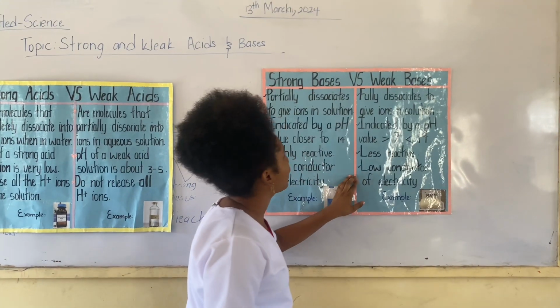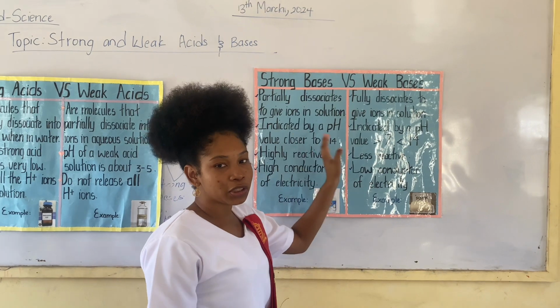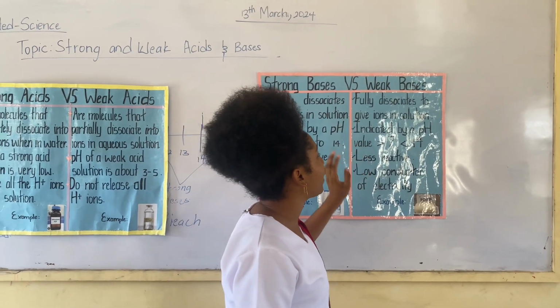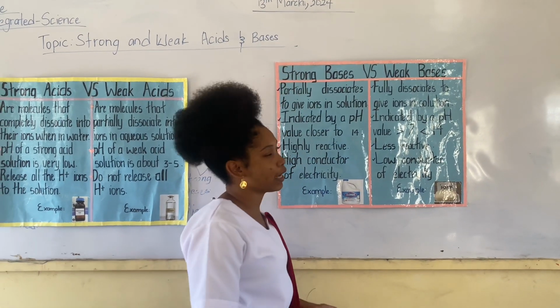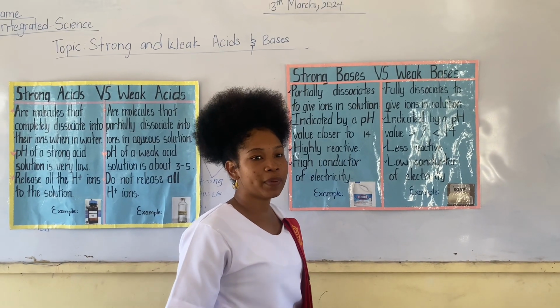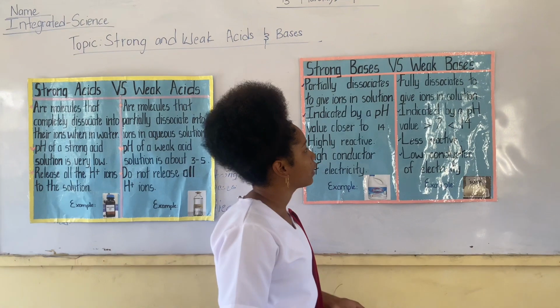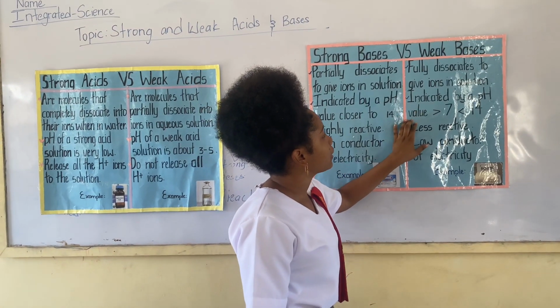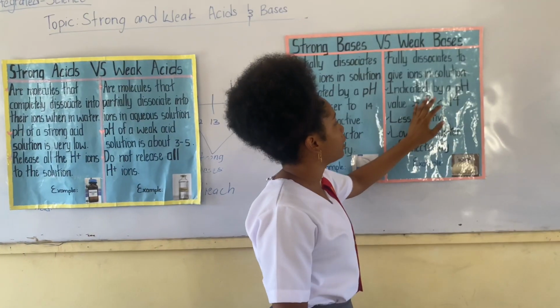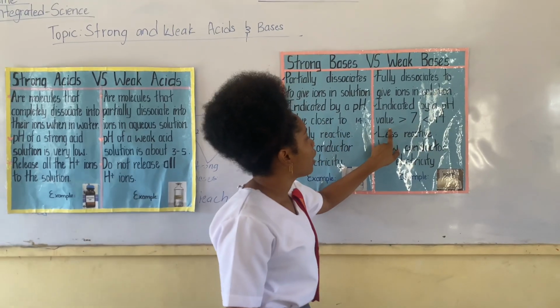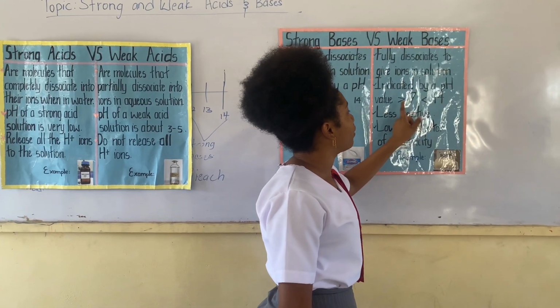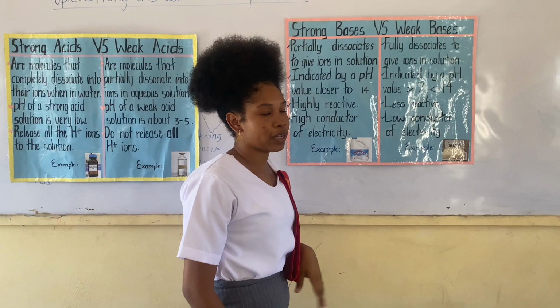It says here that weak bases partially dissociate to give ions in solution. So like weak acids, weak bases do not break down completely either. The second point says that weak bases are indicated by a pH value more than 7 but less than 14.